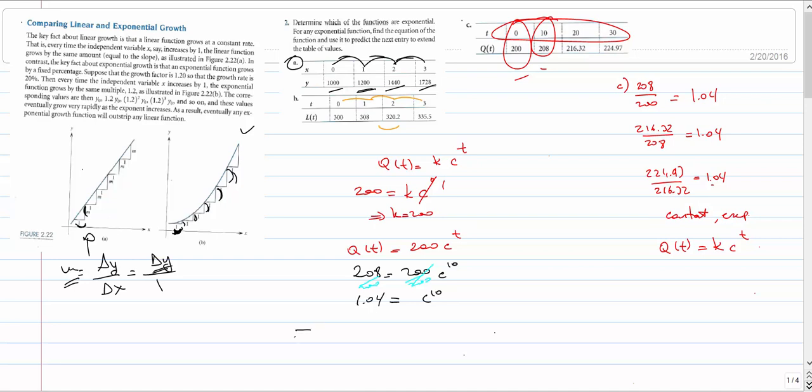All right. So from here, c is equal to 1.04 to the power of 1 over 10, which is approximately 1.0039. So the exponential function is then q of t equals 200 times 1.0039 to the t.